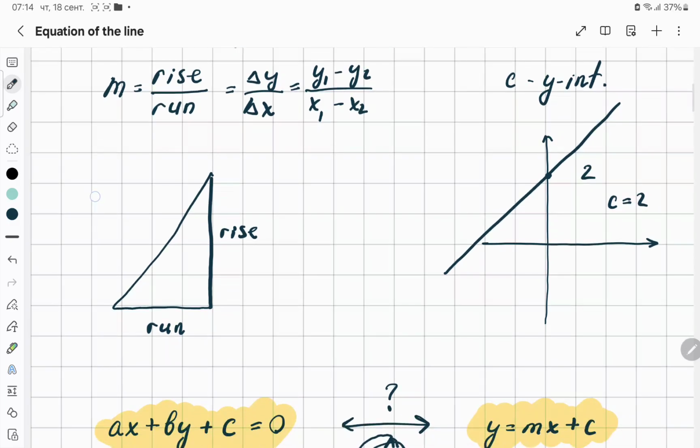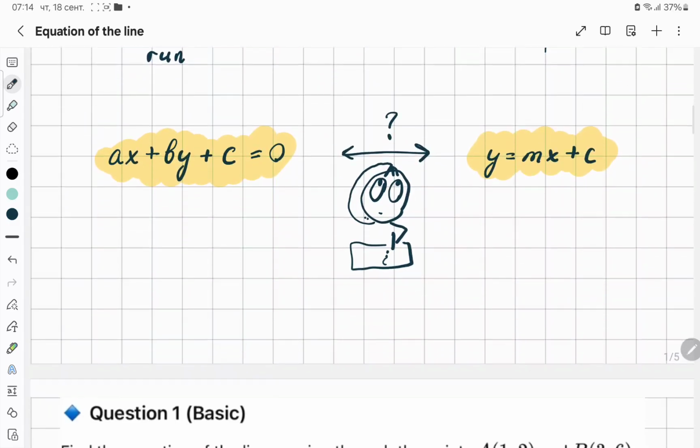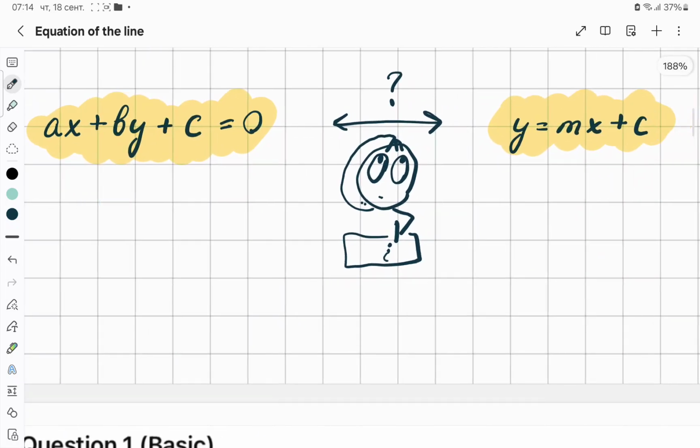Okay, now one more thing about the relationship between two forms of the equation of the line. On the left side, you see the general form of the equation of the line, ax plus by plus c is equal to 0. What's the connection with the equation written in slope-intercept form? Is it possible to convert one to another?